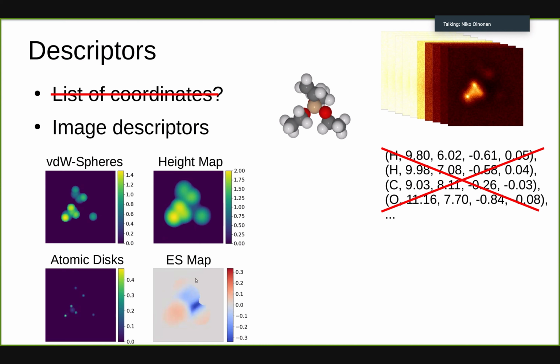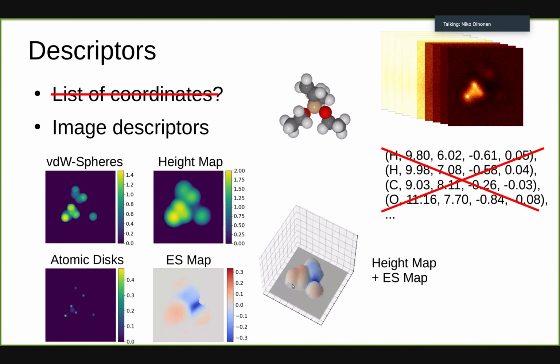And we use this in relation to the last descriptor, which is the electrostatic map, which is the vertical component of the electric field of the molecule calculated on the surface defined by the height map. So the idea is that if we combine these two, then it gives a sort of three-dimensional map of how the charge is distributed over the molecule, so that the blue regions would correspond to high electron density and the red regions to electron depletion.